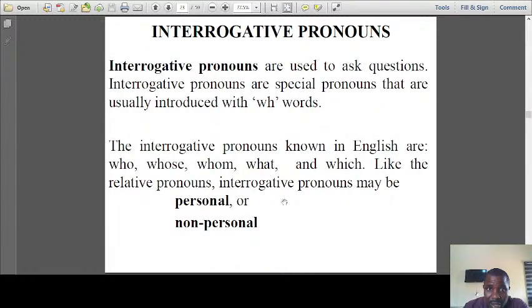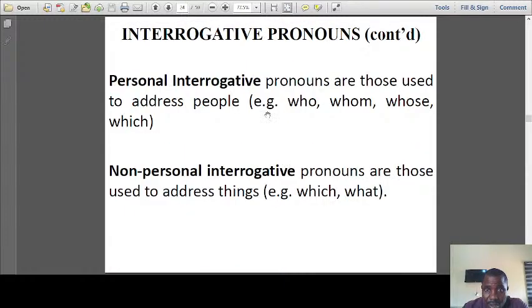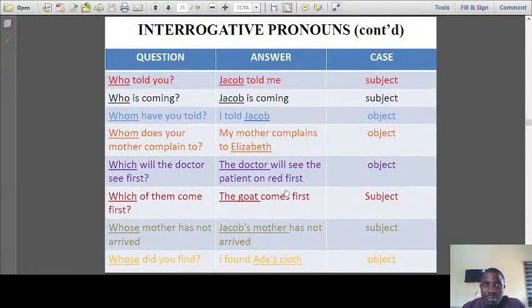Here, which can be used also for person to ask a question for person, and which also can be used for non-person. And what cannot be used for person, and who, whom, and whose cannot be used for non-person. Take note of that. Look at the way we have derived the question, see the answer.